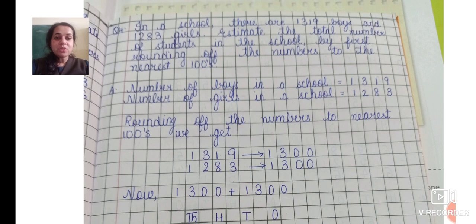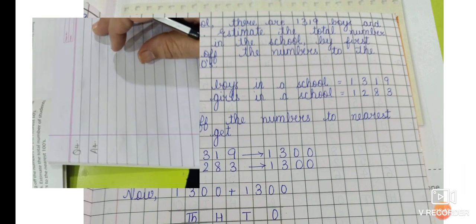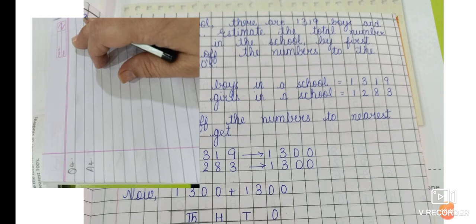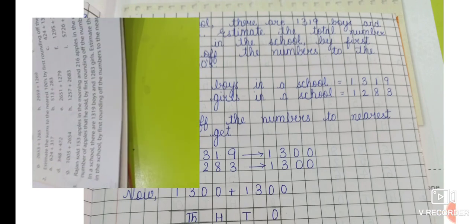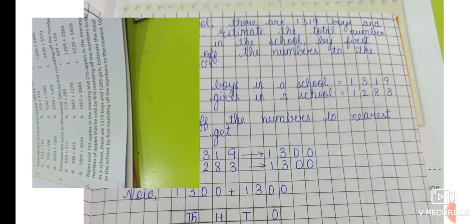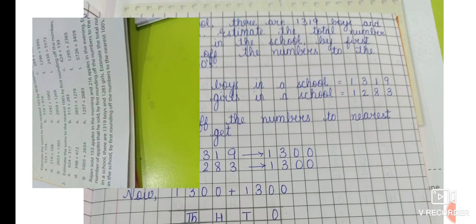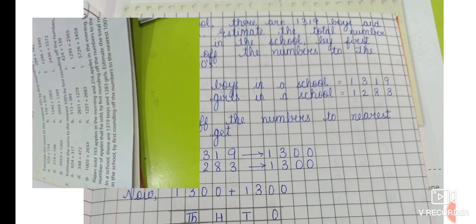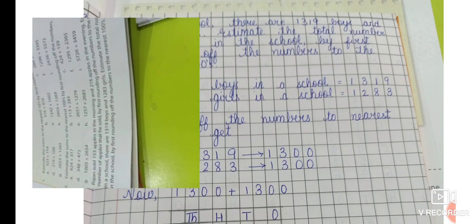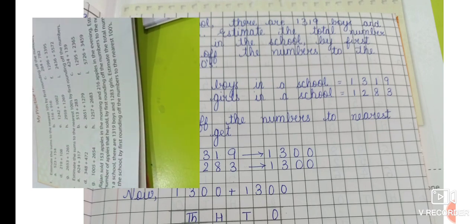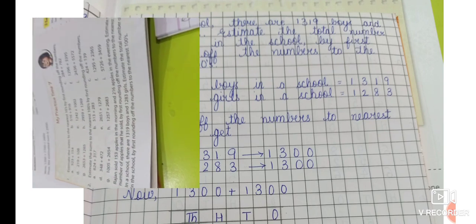Now we will solve the sum in the notebook. So solve the sum with me. What is the question? In a school there are 1,319 boys and 1,283 girls.